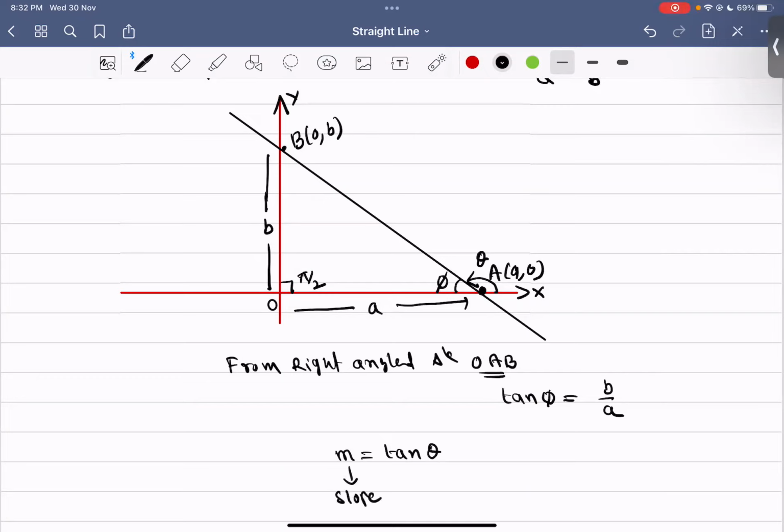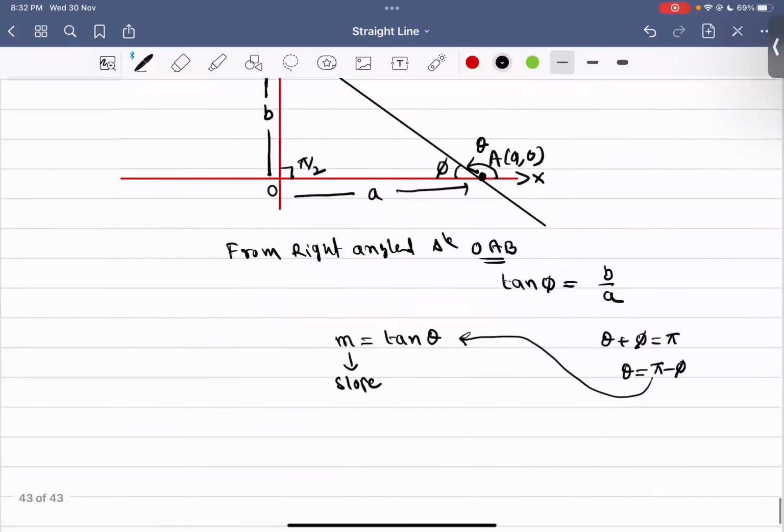So here we know that theta plus phi will be equal to 180 degrees or pi radians. We need theta. Theta is equal to pi minus phi. So you put this in tan theta. Then slope is equal to tan of pi minus phi.